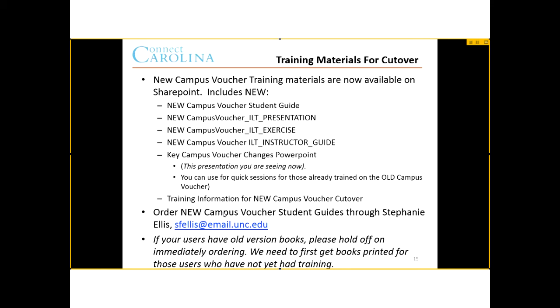In terms of the printing capacity, the print shop can only print so many, and we want to take care of those people that are actually doing their classes and have those books available to them first.